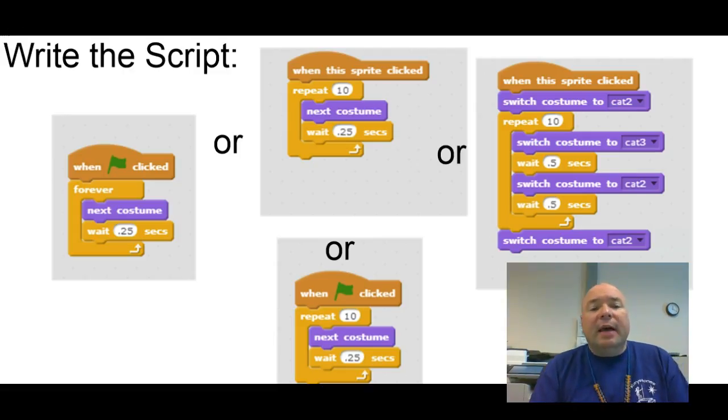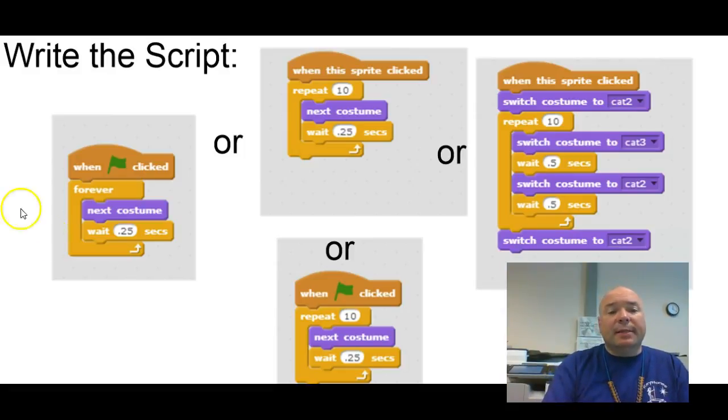So once you have your animated sprite, your two different costumes, there's a couple different ways to get your animation to occur. First, we could do when green flag is clicked, we can have a forever loop that just switches to the next costume. It goes one costume after another costume after another costume, and it waits 0.25 seconds between each costume change.